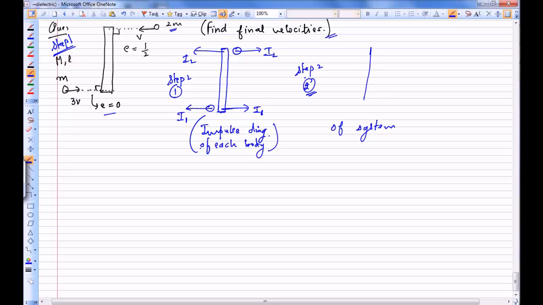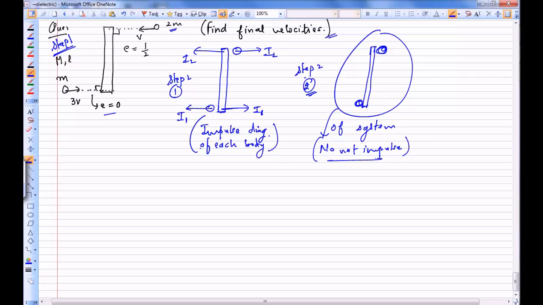So if we consider this rod and these two particles to be a system, then there is no net impulse on the system. So step 3 would be our velocity diagram just after collision.